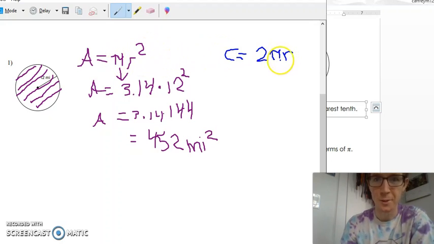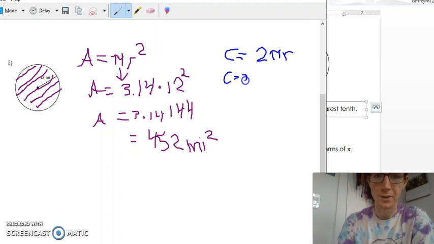Pi r squared, 2 pi r. It has the same characters. They're in a different order, and they kind of look a little different. This 2 is smaller. It's up on top. This 2 is up in the front. So here the 2 is an exponent. Here the 2 is a coefficient. That'll change our answer. So all we got to do for the circumference is just 2 times 3.14 times the radius, which is 12.